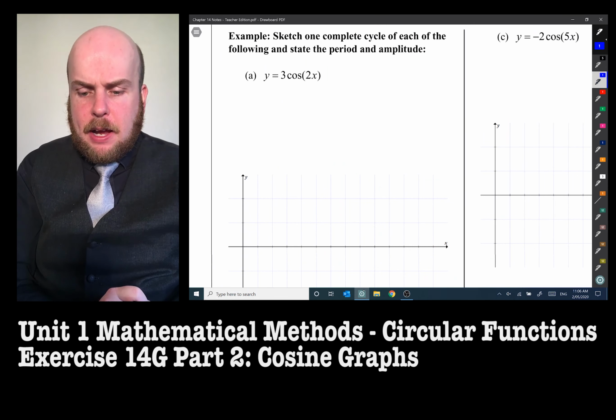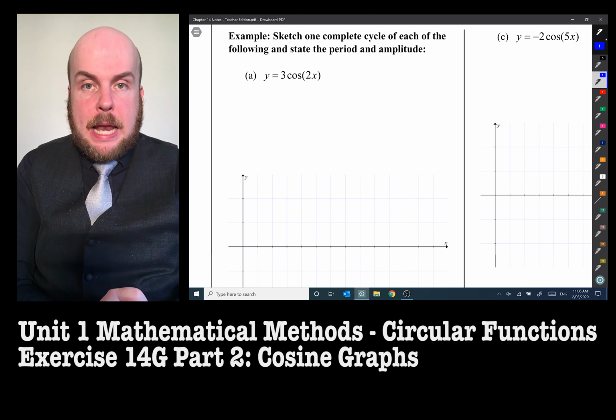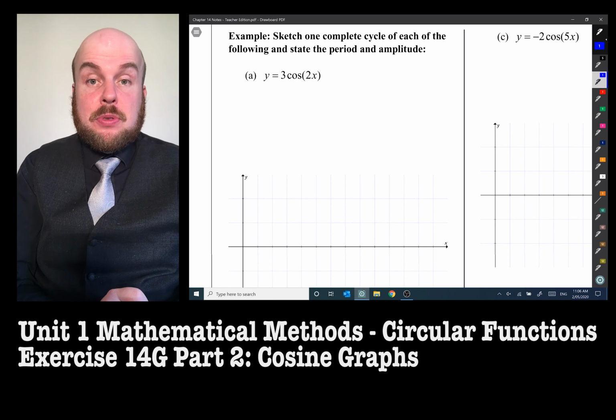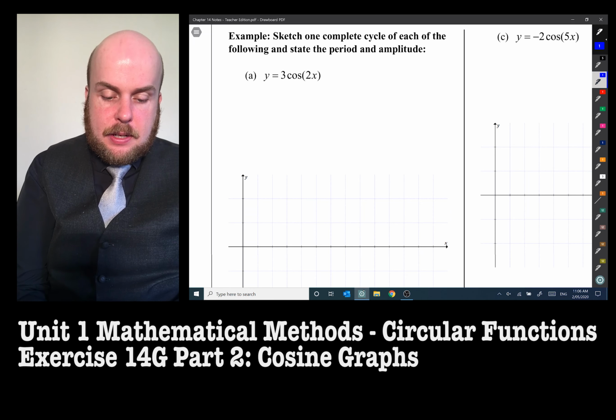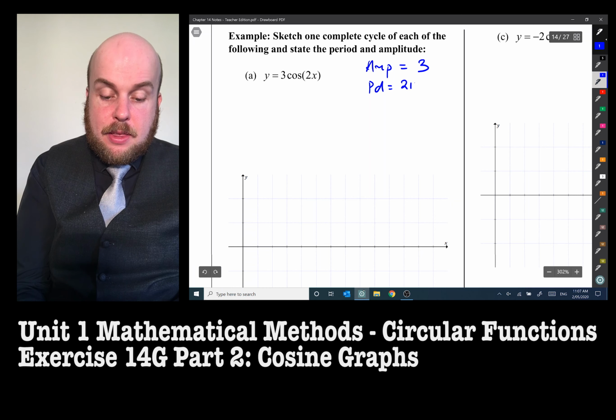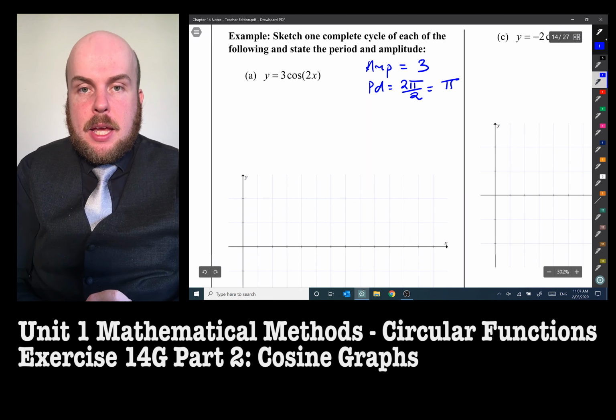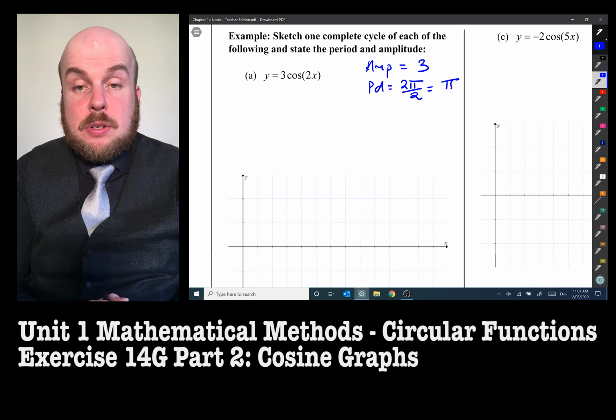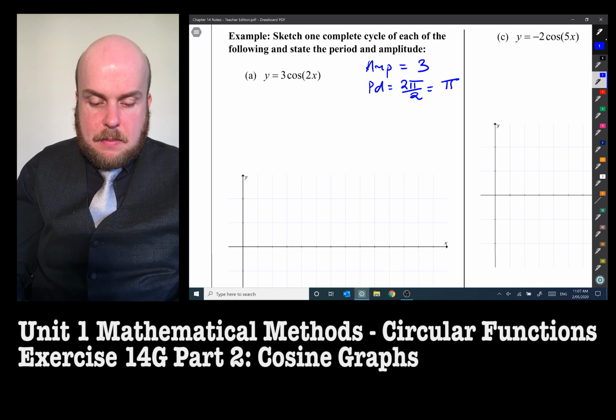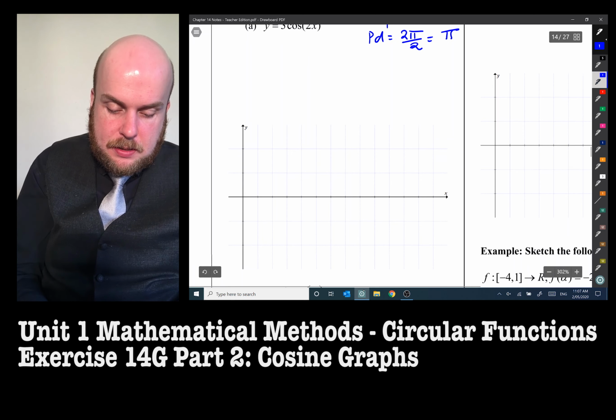Sketch one complete cycle of each of the following and state the period and amplitude. So this is y equals 3 cos 2x. So the amplitude is 3, the period is equal to 2 pi over 2, which is equal to pi. Similarly to the other ones, I'm going to break that x-axis into approximate quarters.